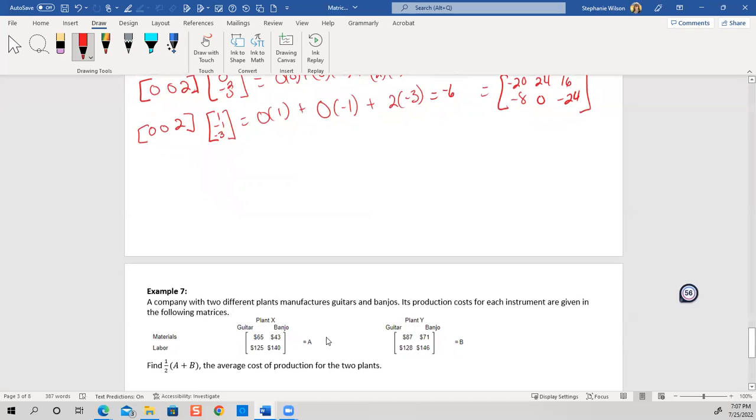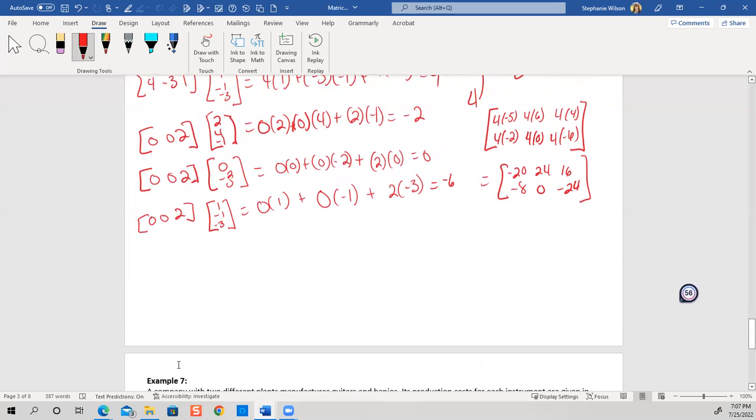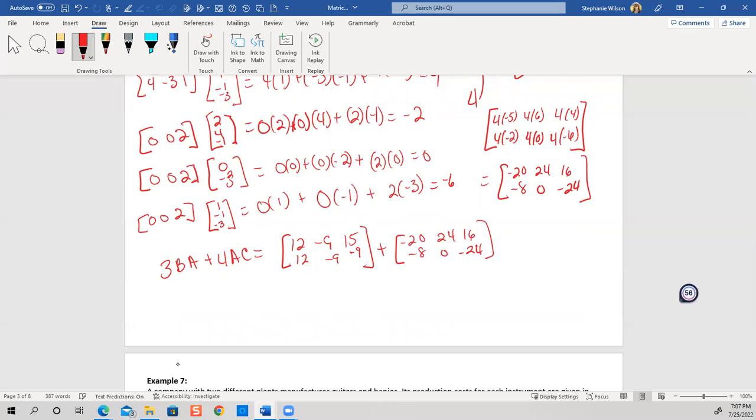Okay, so what do I mean put them together? I'm going to take my 3BA plus my 4AC. So 3BA gave me 12, -9, 15, 12, -9, -9. And I'm going to add that to my 4AC, which is -20, 24, 16, -8, 0, -24.